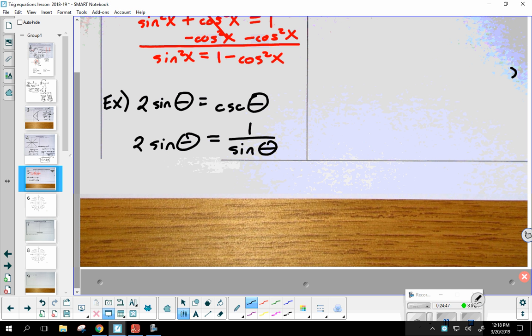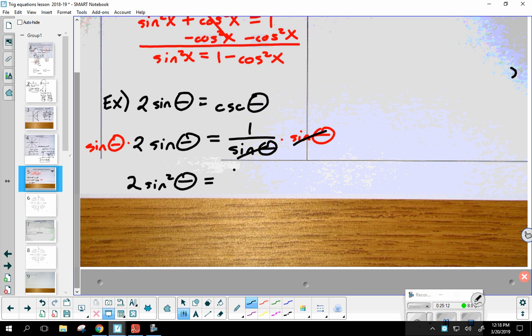So what I would do now is multiply both sides by sine of theta. So what's sine of theta times 2 sine theta? That would be 2 sine squared of theta, which is equal to, well, what are those sines going to do?